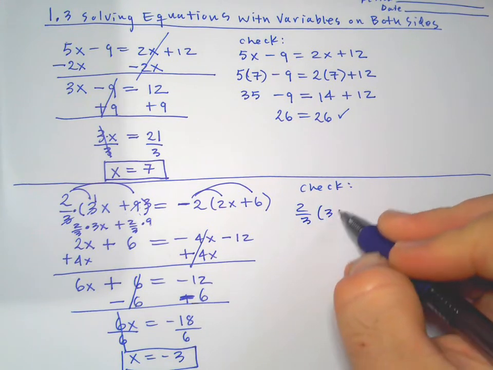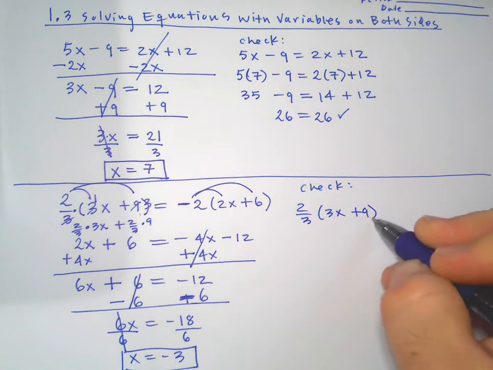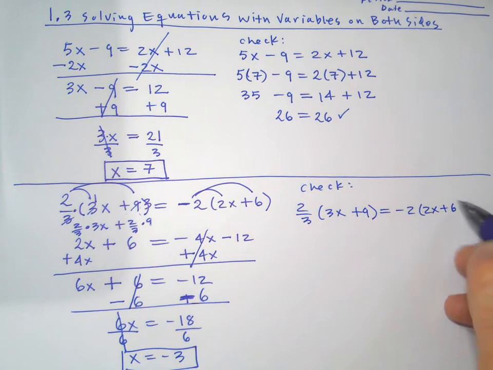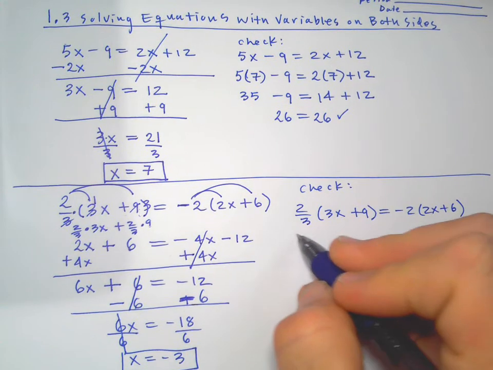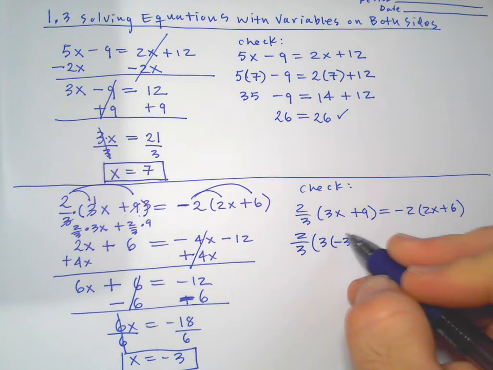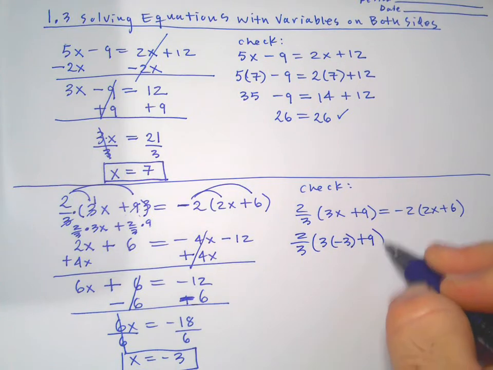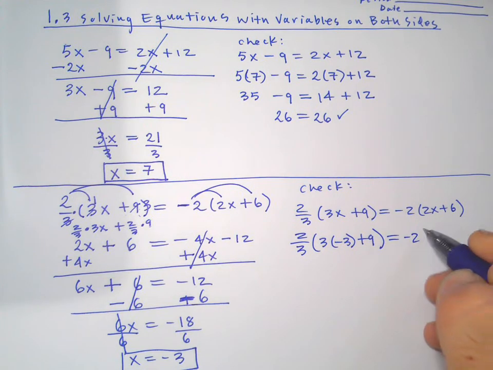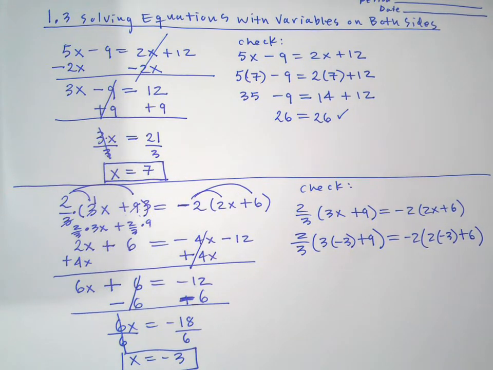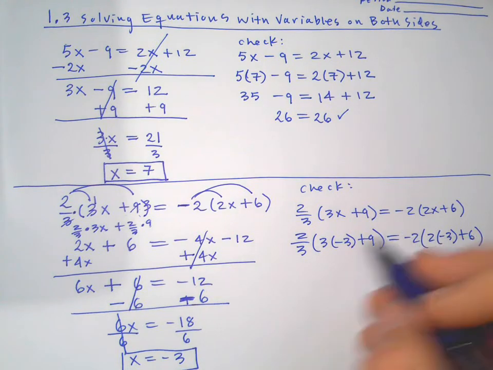So I'm just going to rewrite that real quick. All right, so I'm going to plug it in, in parentheses. This one's a little more work to check. Plug in negative 3 in for x everywhere. And then let's do order of operations.